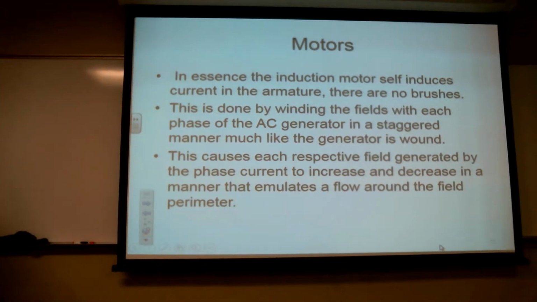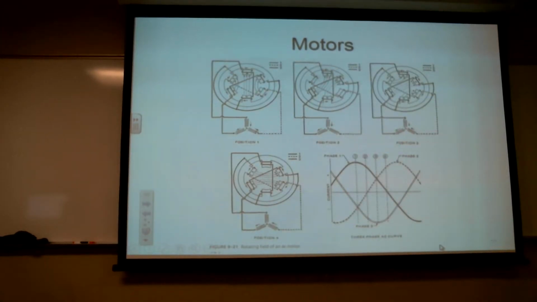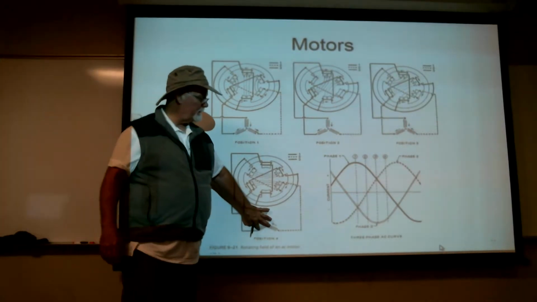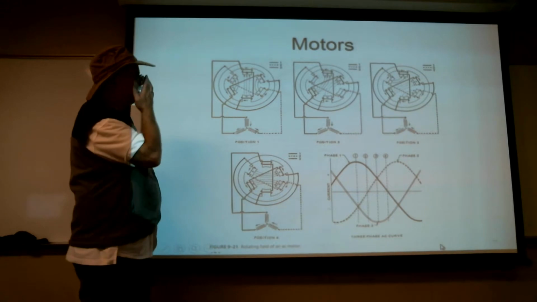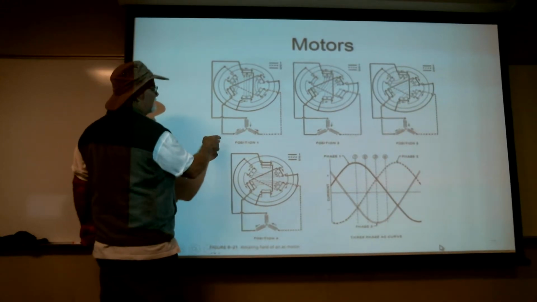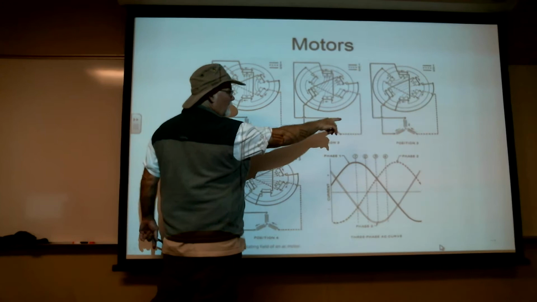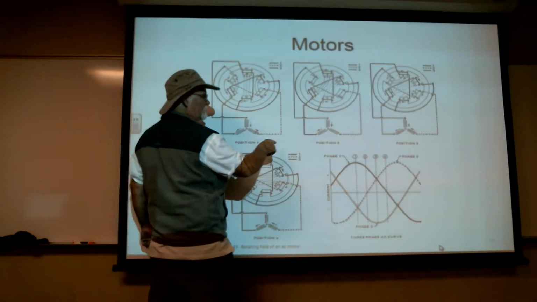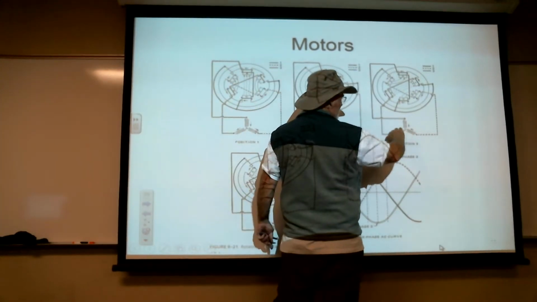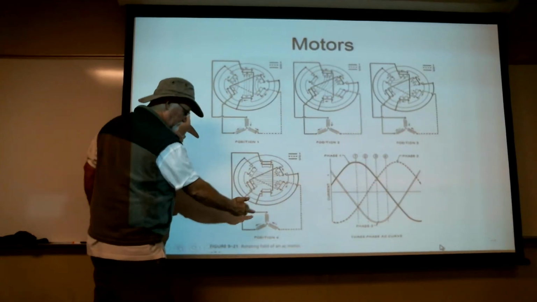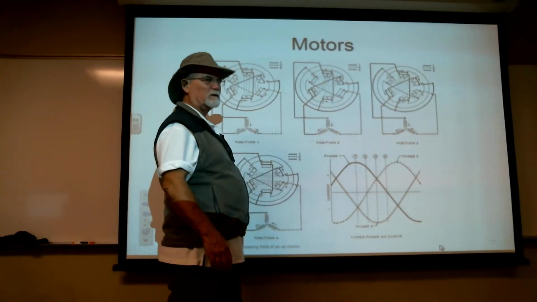So another way of saying this, well, let's look at the picture first. If I take my three windings from the generator and feed them in, depending on which way the current is going. So now the current's going like this, then like that, then like this and like that, and it keeps on consecutively.